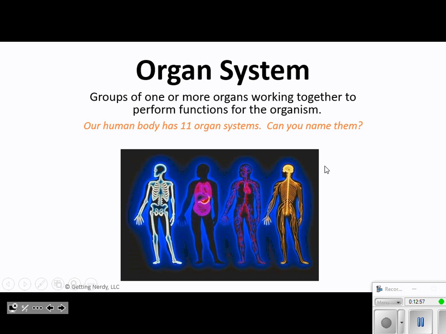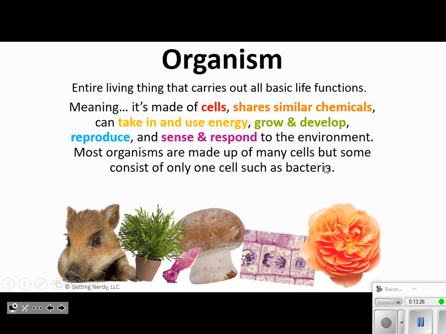But a skeletal system. How about a nervous system? We got that, don't we? We got reproductive systems. We got digestive systems. So, some of the more common systems that we have. And once we get all these systems organized together, we have our final level, and that is the organism.